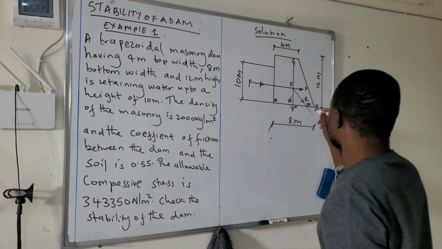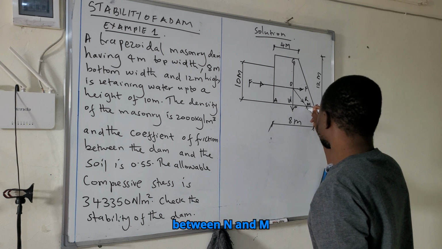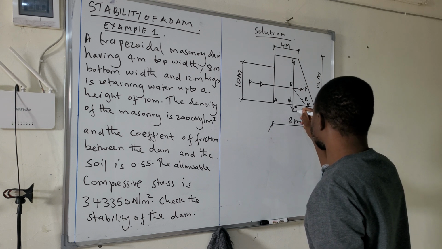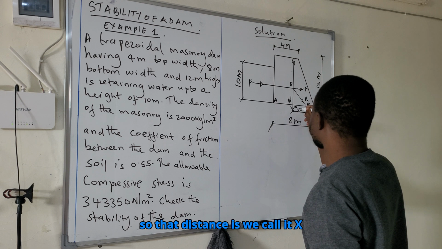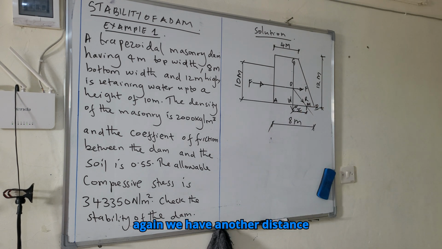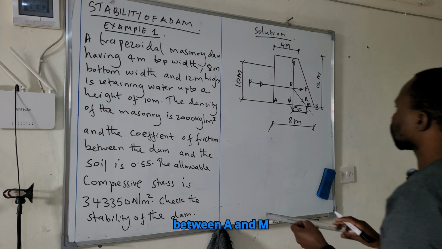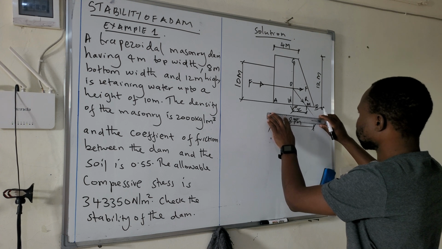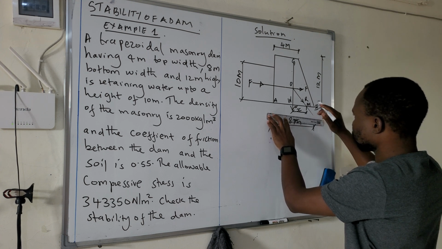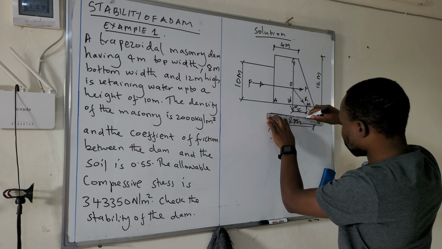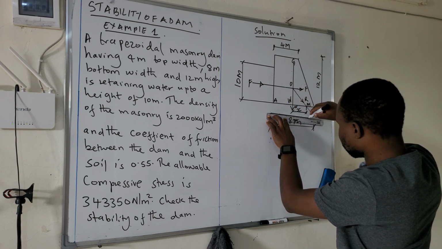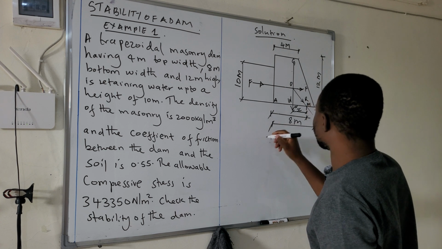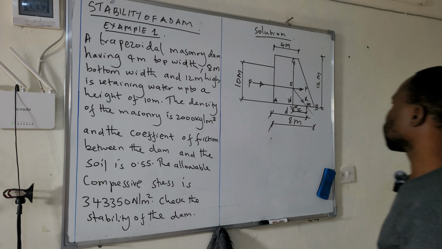So we have this distance between N and M, which we call X. Again, we have another distance between A and M. We call it D, like that.